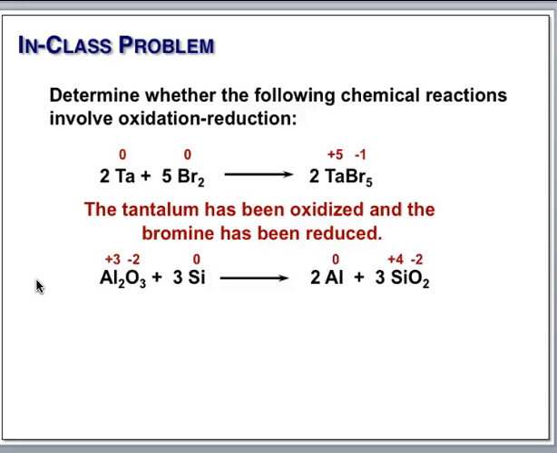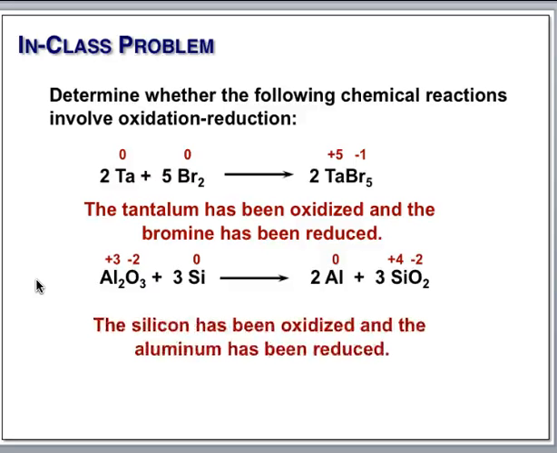Which element lost electrons? Silicon started off as 0. It's now +4. It lost 4 electrons. How careless. No change in oxygen. Aluminum started at +3. It's now 0. It had to gain 3 electrons. Therefore, it has been reduced.